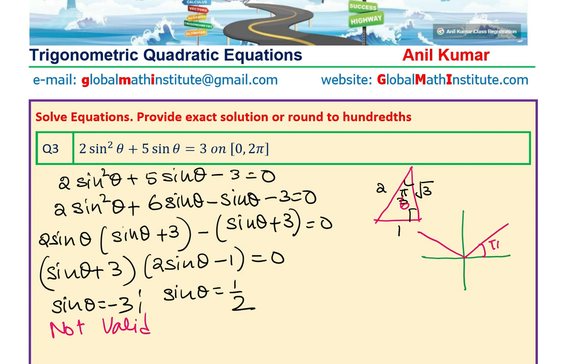So we have pi by 6, and this angle here will be 5 pi by 6, correct? Great. So theta is equal to pi by 6 and 5 pi by 6, correct? Pi by 3 is this angle, right? Perfect. So we got the two solutions within the given domain of 0 to 2 pi.